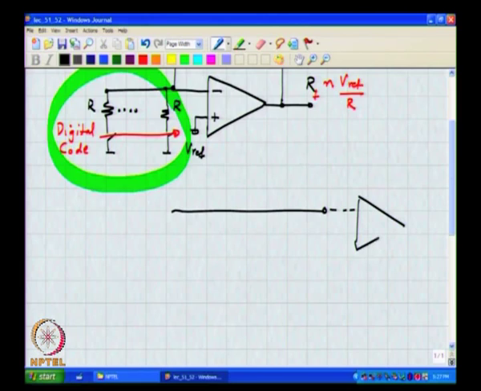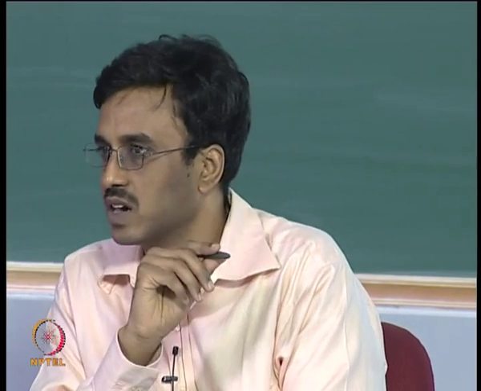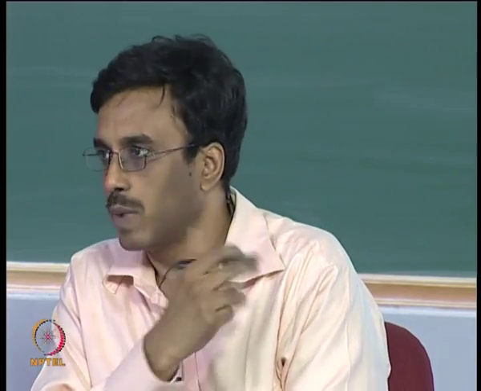For the time being, let us assume that all this infrastructure is there. So, as far as we are concerned, we are pretty much only interested in the current that is being pulled out of the virtual ground node, which will flow through the feedback resistor and gets converted into a voltage at the output of the op amp.